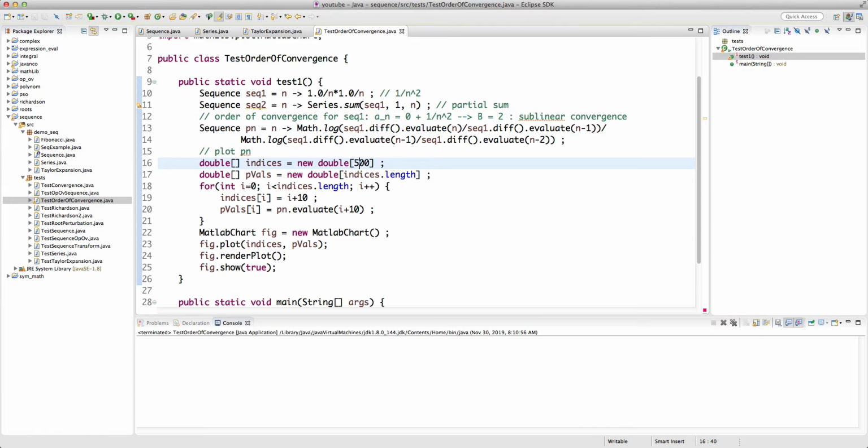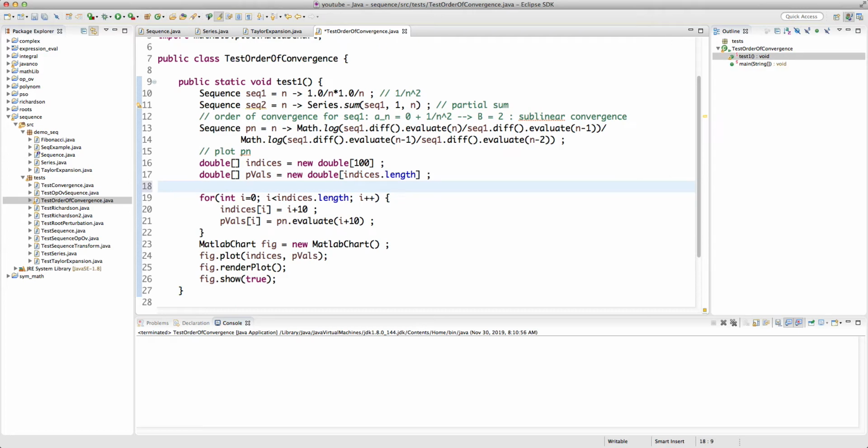The good thing here is that we can in fact accelerate p, because Pn is a sequence by itself, right?